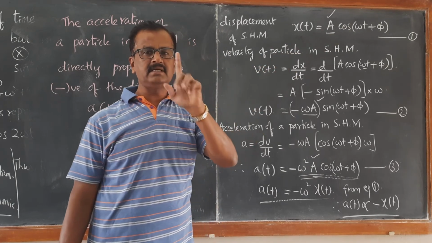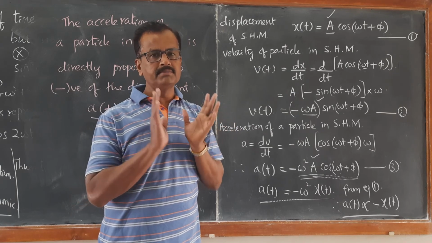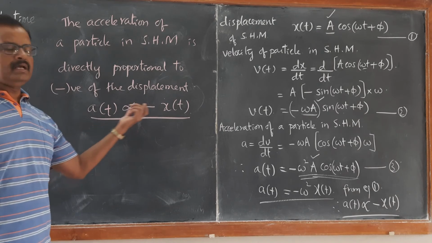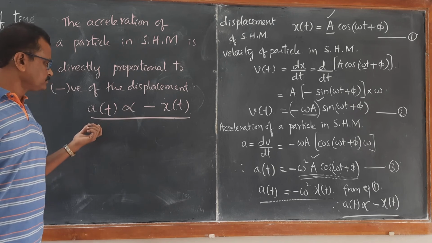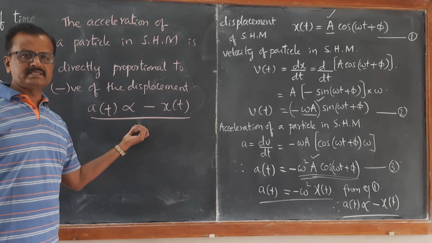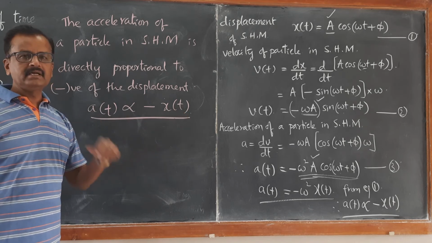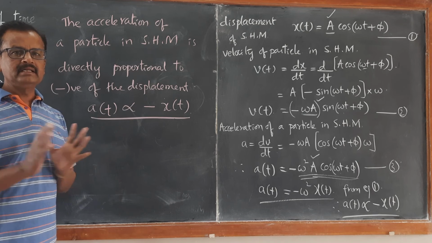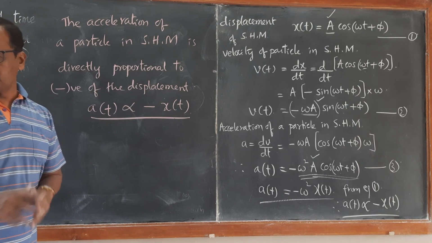This is the necessary condition for a body to have simple harmonic motion. The sufficient condition is that acceleration, or the force acting on it, must be directly proportional to the negative of the displacement. If both conditions are satisfied, definitely that particle undergoes simple harmonic motion.